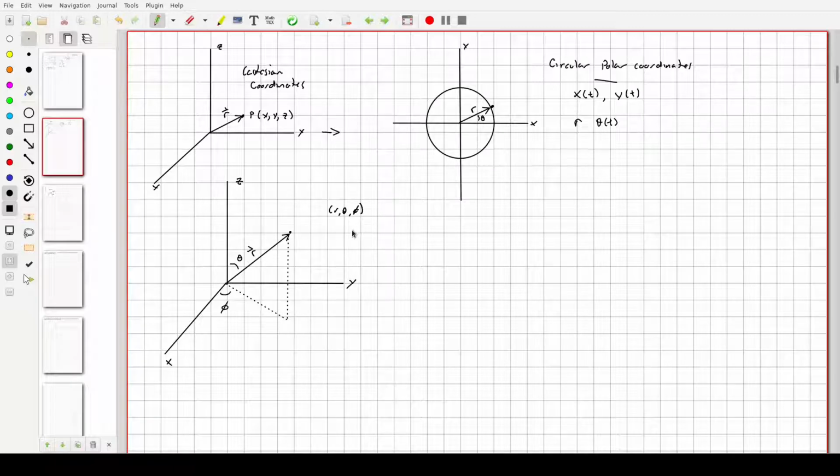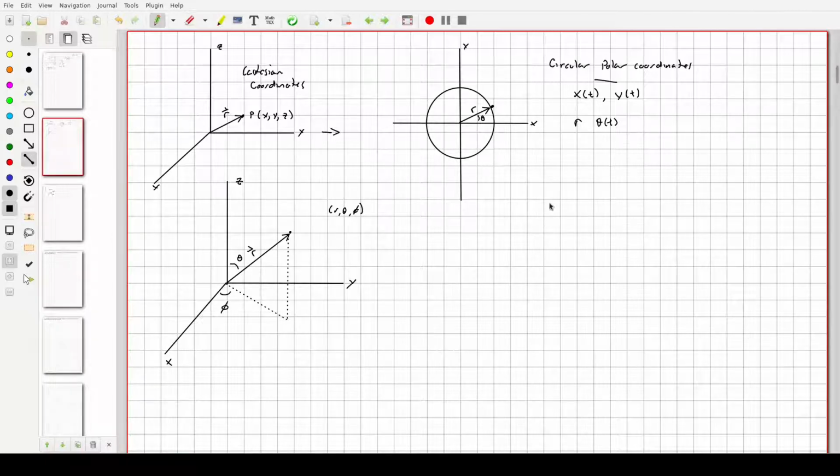We're not going to be doing much at all with spherical polar coordinates, simply because the first place you typically see these things to any great detail would be in Calc 3. All right, so it requires a much broader understanding of calculus.